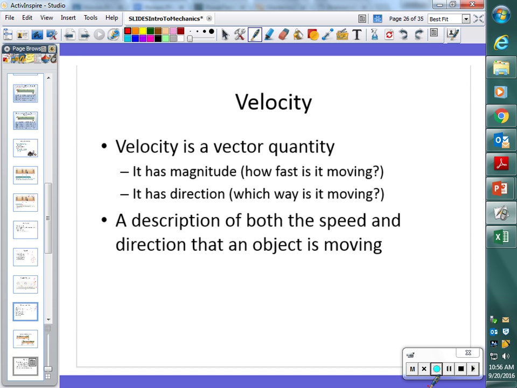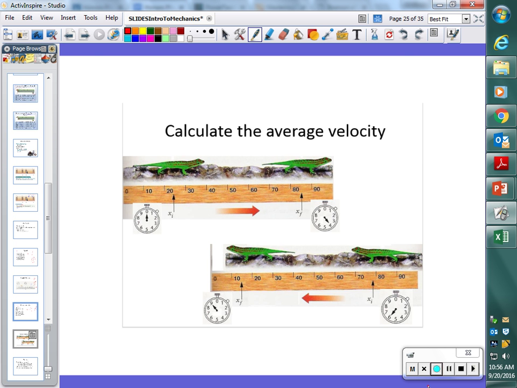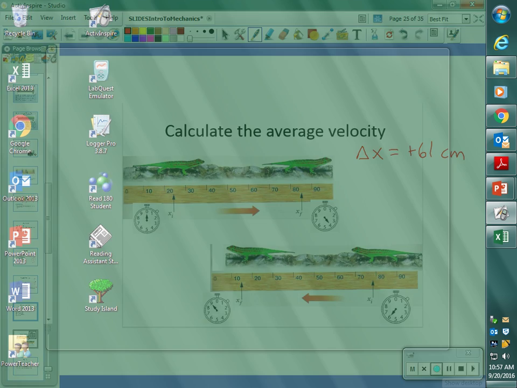Let's apply it. Here's our lizard friend again, from the first page of your outline, and the two trips that we examined on the first page of the outline. If I remember correctly, I believe on his first trip, we figured out his displacement was positive 61 centimeters.